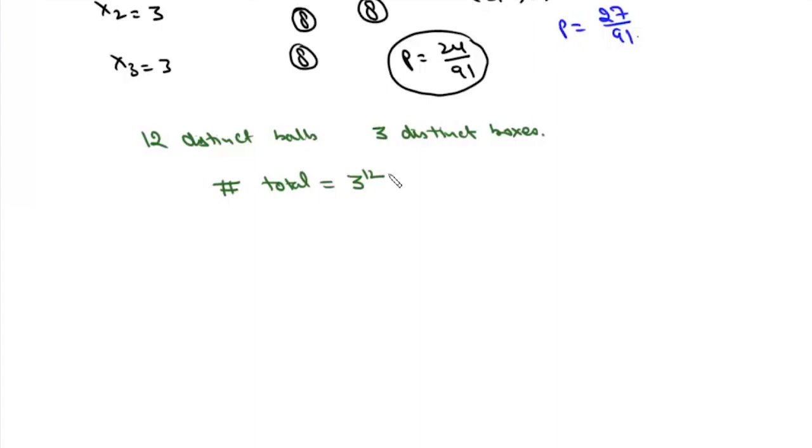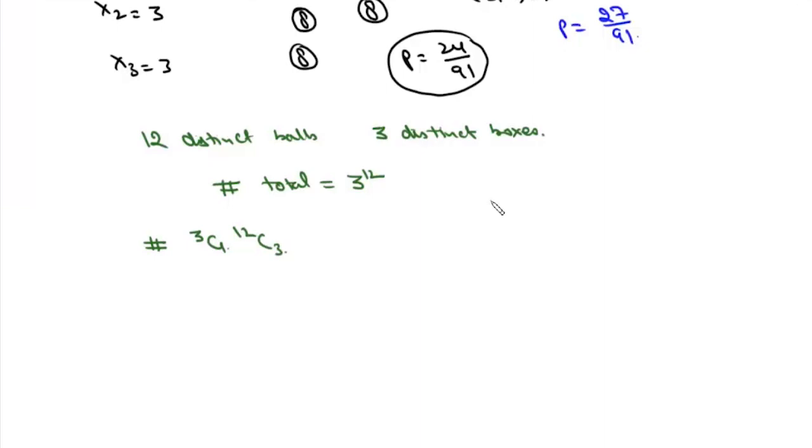Now the condition is one of the boxes contains exactly 3 balls. Now first we'll calculate which box contains these 3 balls. So it will be 3C1. Now in this box we have to select 3 balls from 12 distinct balls, which can be done in 12C3 ways.